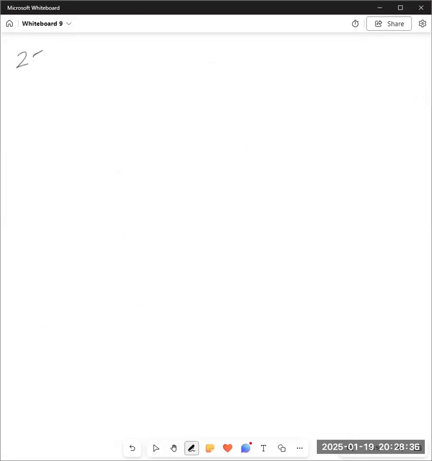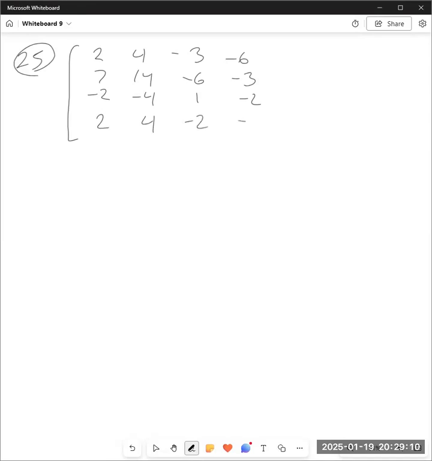We have 25, starting off with 2, 4, -3, -6, 7, 14, -6, -3, -2, -4, 1, -2, and 2, 4, -2, -2.